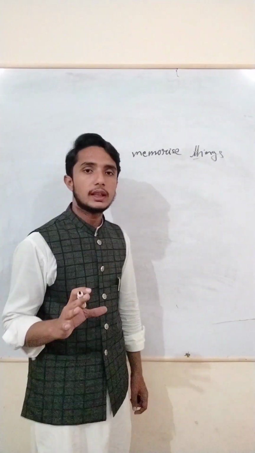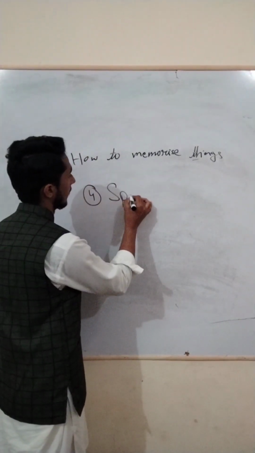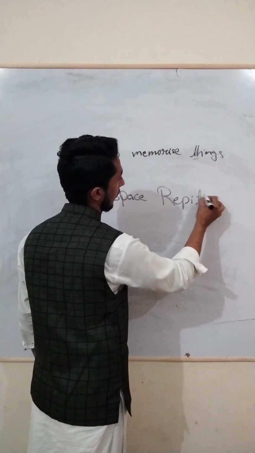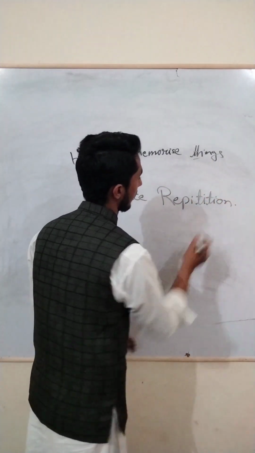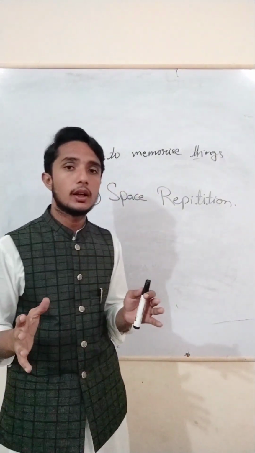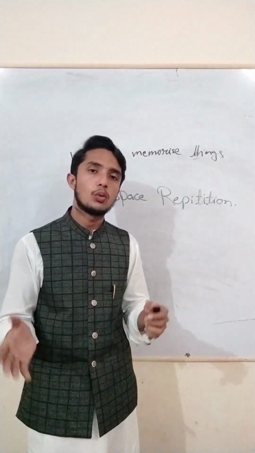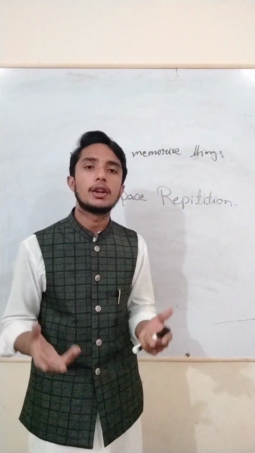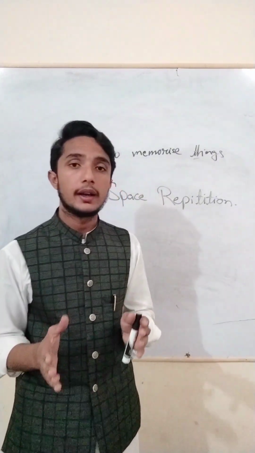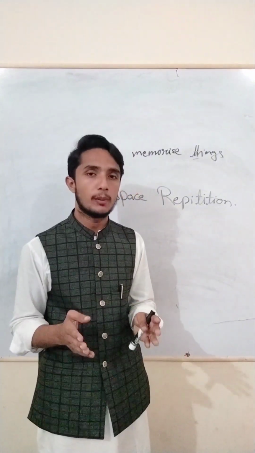So move toward our fourth technique, which is space repetition. Space repetition means don't be like a parrot, reading your lesson continuously. Give space and relaxation to your mind so that it will be able to memorize the things.